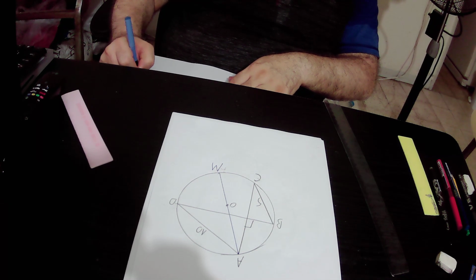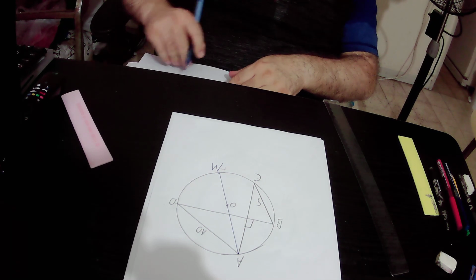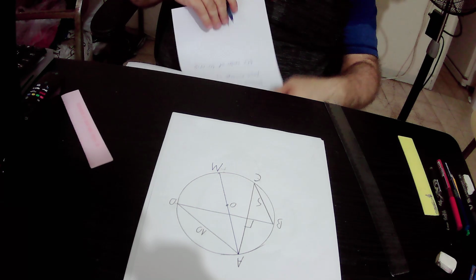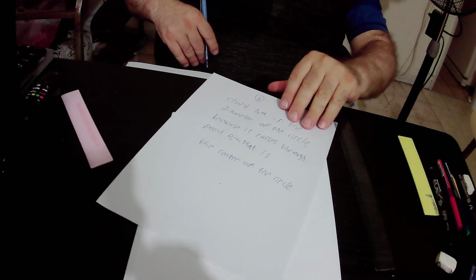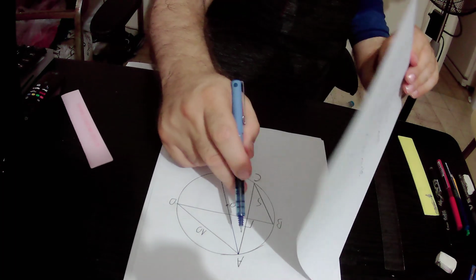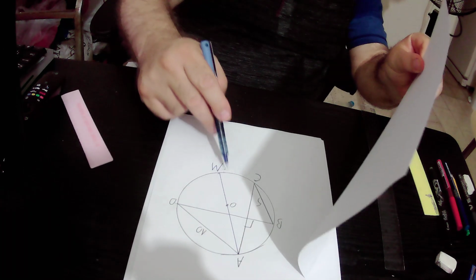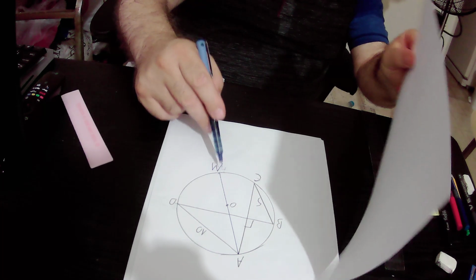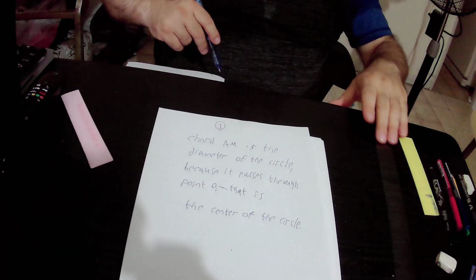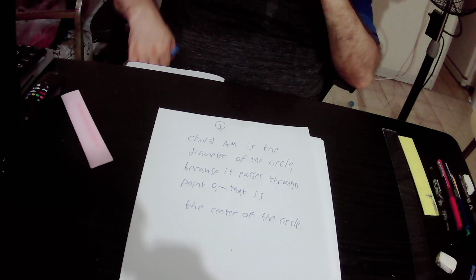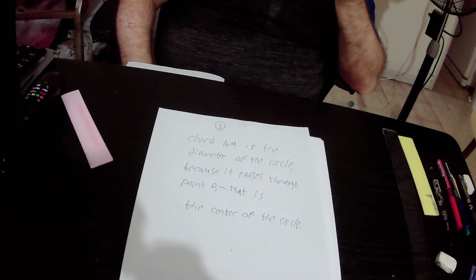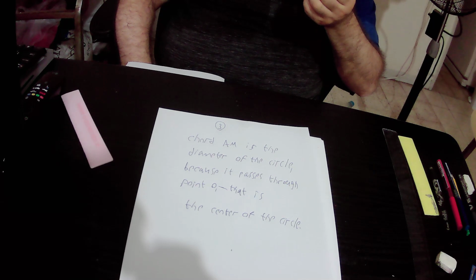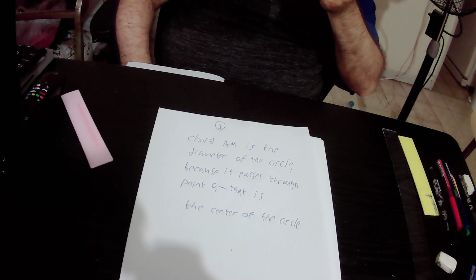So I will read again what I wrote. Chord AM that I drew is the diameter of the circle because it passes through point O, and point O is the center of the circle.